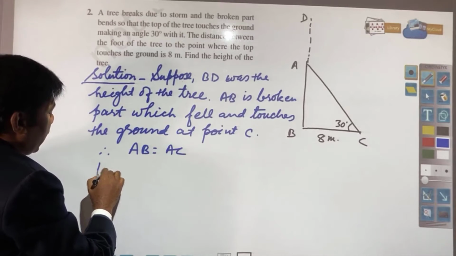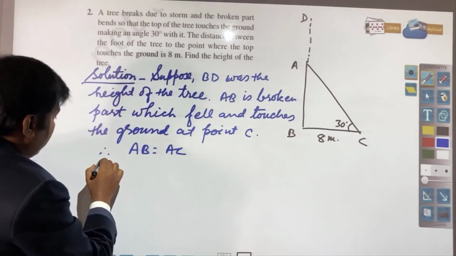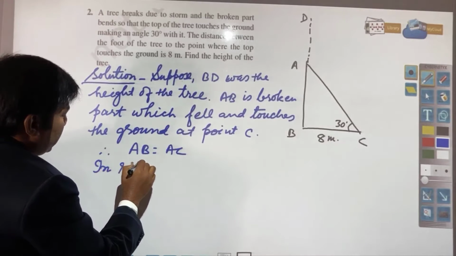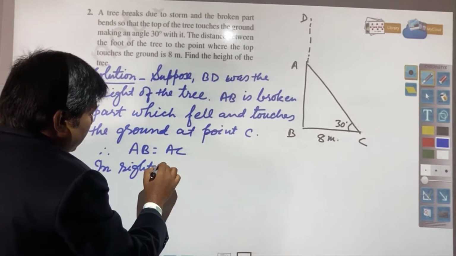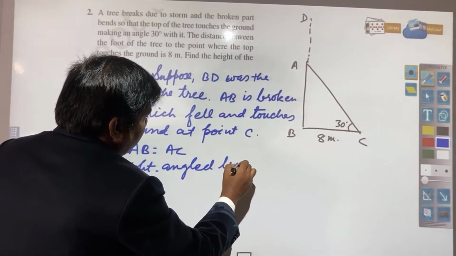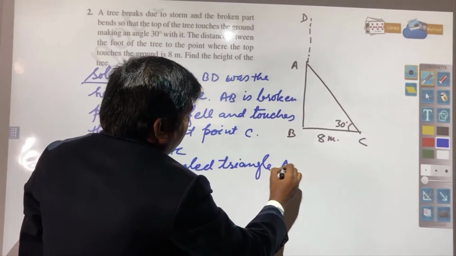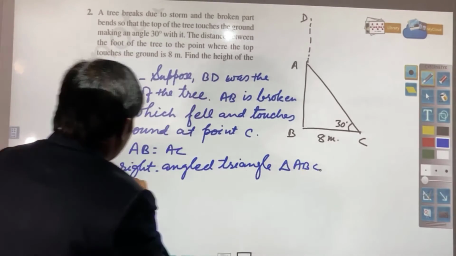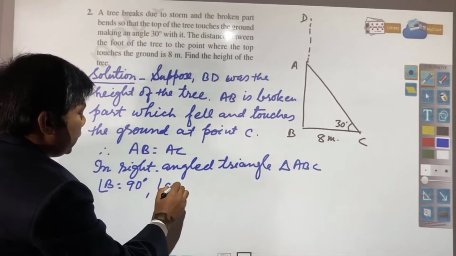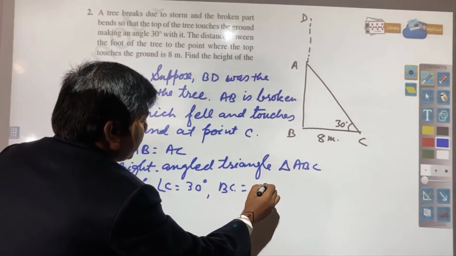In right angle triangle ABC, angle B is equal to 90 degrees and angle C is equal to 30 degrees and BC is 8 meters.